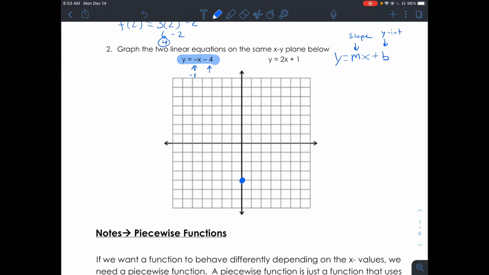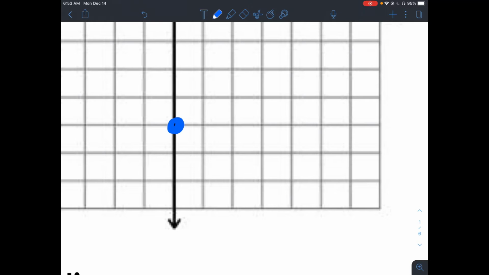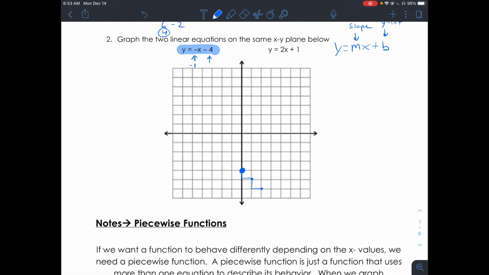Since it's just a negative sign in front of the x, that means it's negative 1. So I'm going to go down 1 over 1, down 1 over 1, and those are my points. We'll connect them, and that would be my line there.